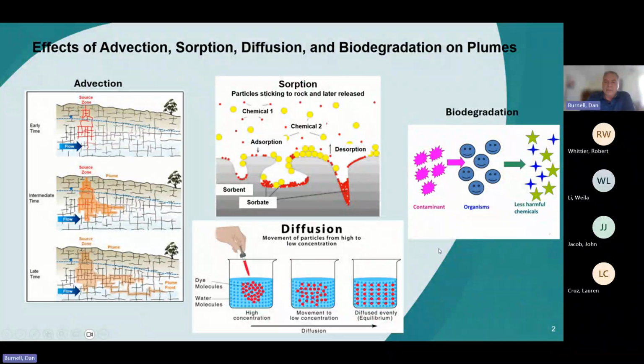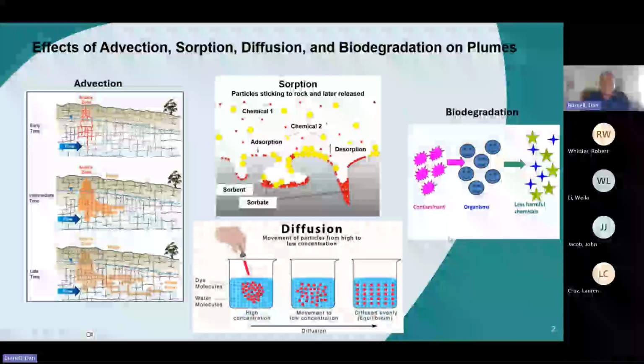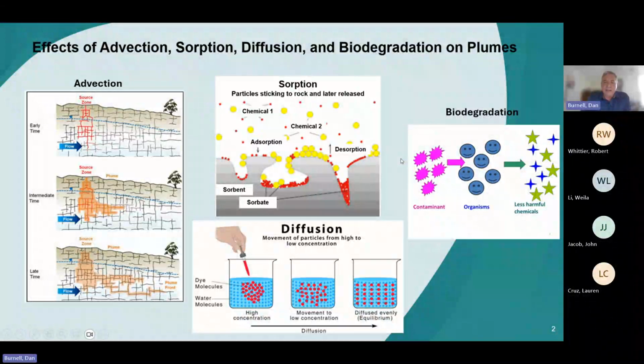And another mechanism that we talked about in groundwater is biodegradation. And here, these naturally occurring microbes in the groundwater, in the aquifer, can actually degrade and break down the chemicals. They like to eat them, some do, and some like to breathe them, and will transform these chemicals into less harmful chemicals.